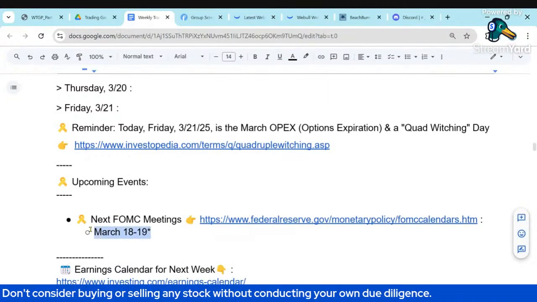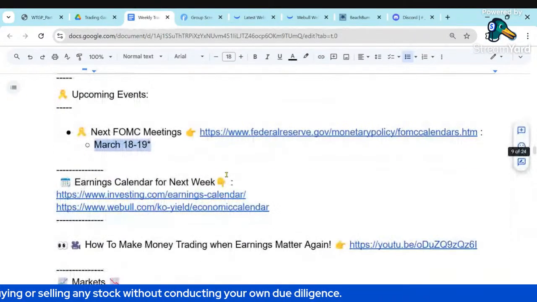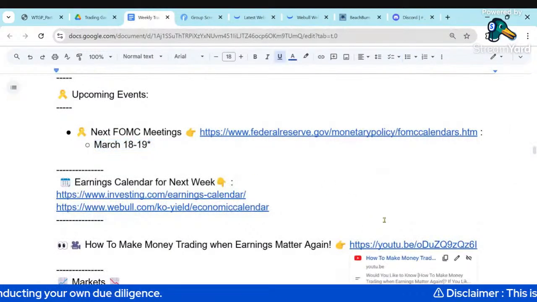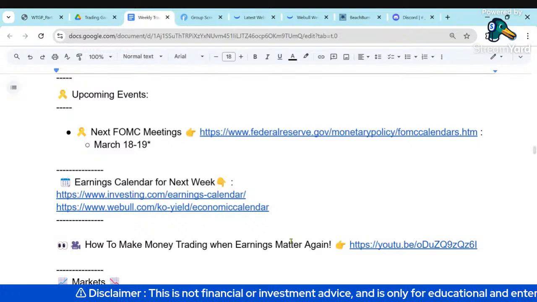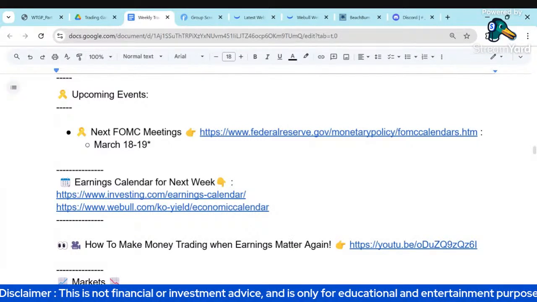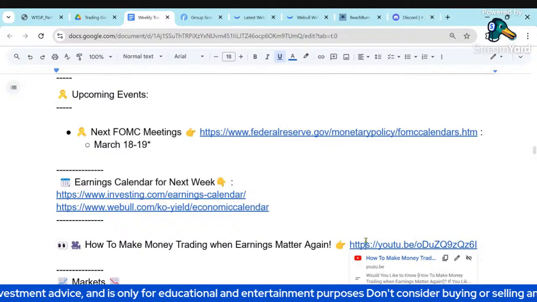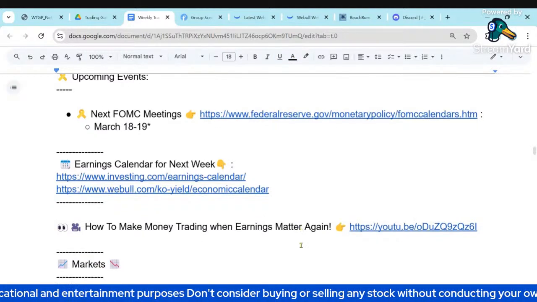Again, FOMC meeting 18th, 19th. And hear how we trade around earnings. Again, you'll see a lot of volatility around earnings, more so their guidance than if they're beating. If they miss headline numbers, they get punished severely. But also we see a number of companies like Delta, etc., expressing concern going forward.